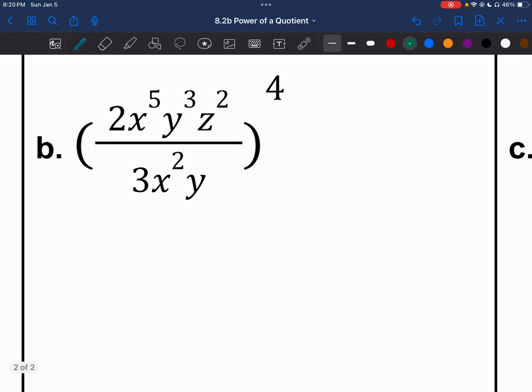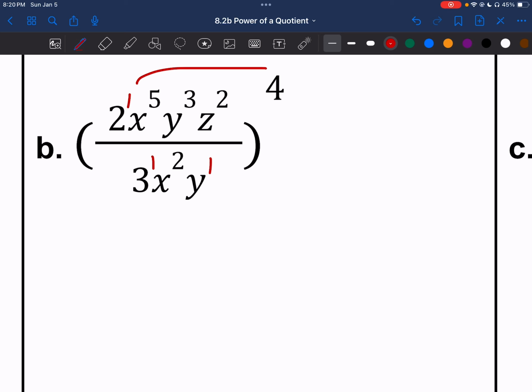All right, letter B. There's 2 ways to approach this. And I'm going to work through both ways for you so that you can see the difference between them. The first way is we're going to distribute and we're going to apply that 4 to everything.